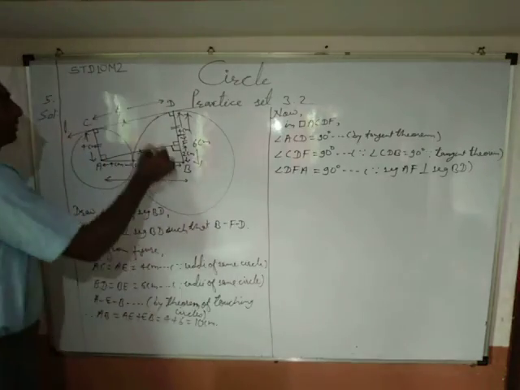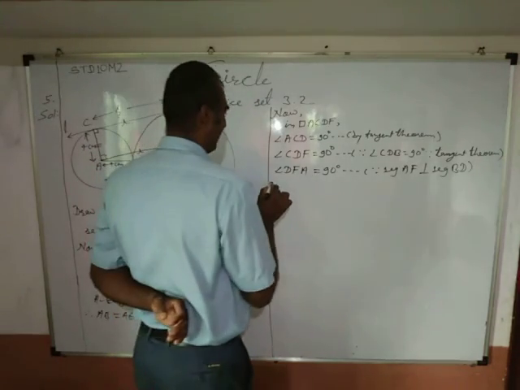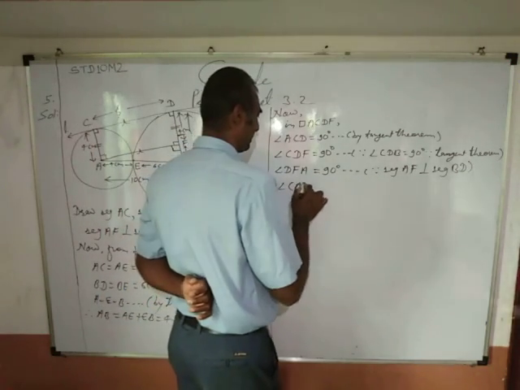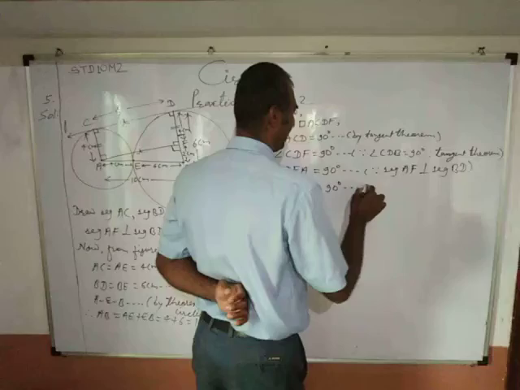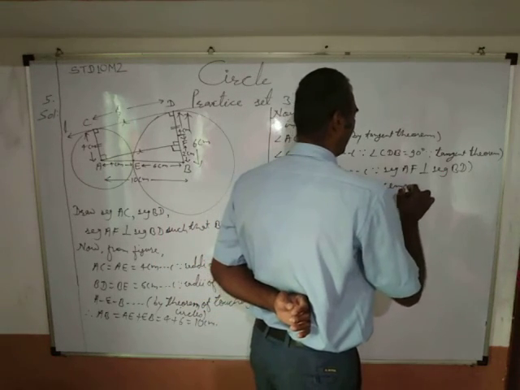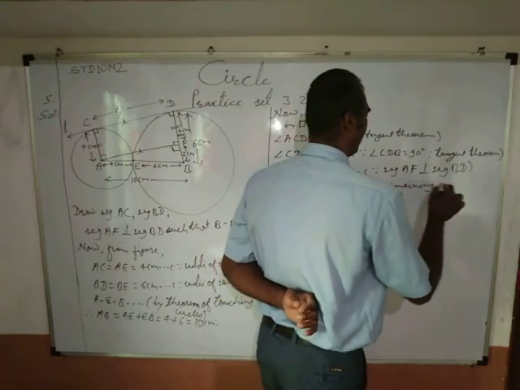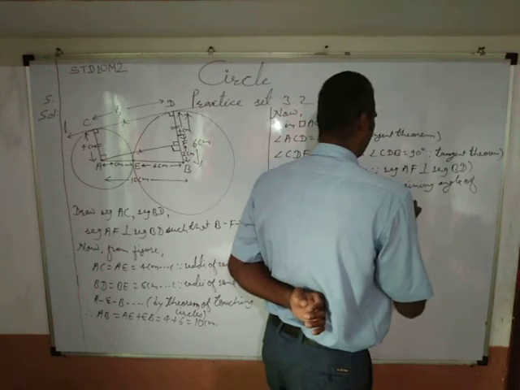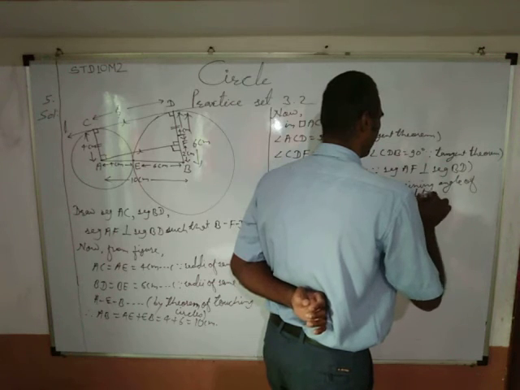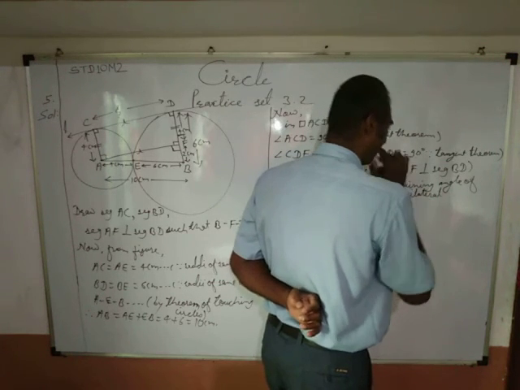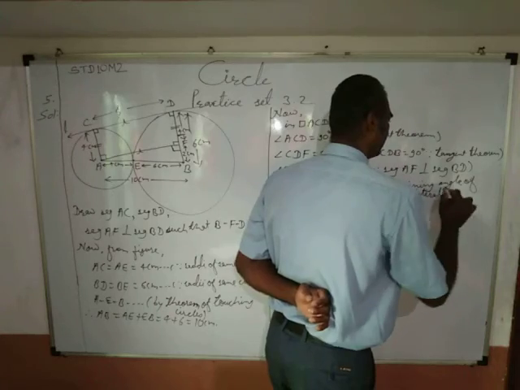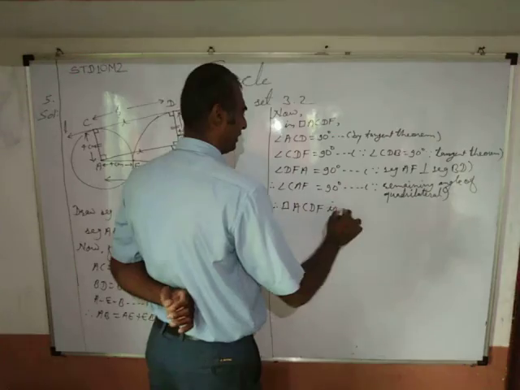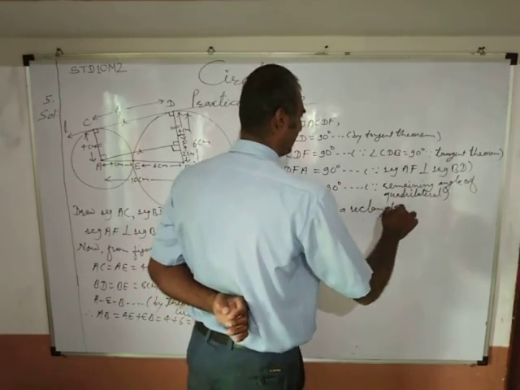Therefore angle CAF equals 90 degrees, since it is the remaining angle of the quadrilateral, and therefore quadrilateral ACDF is a rectangle.